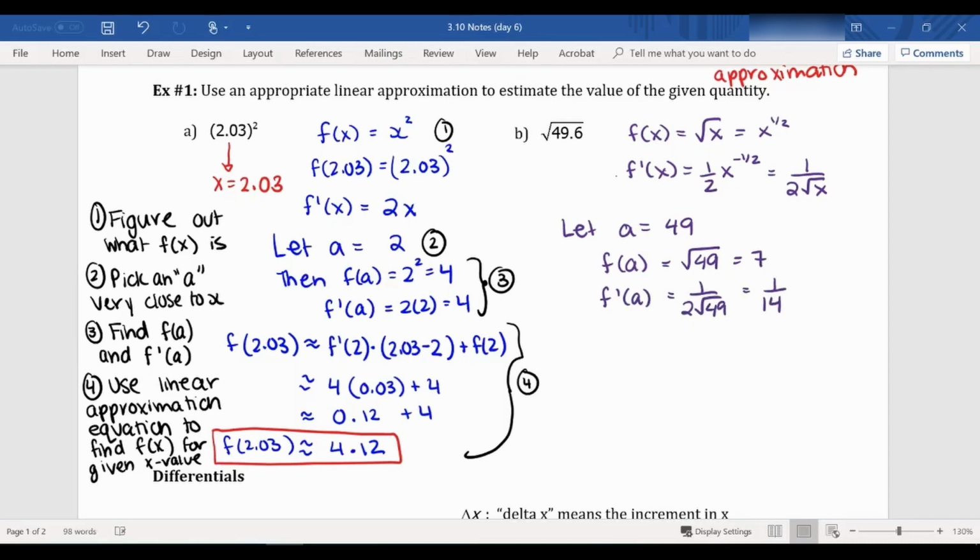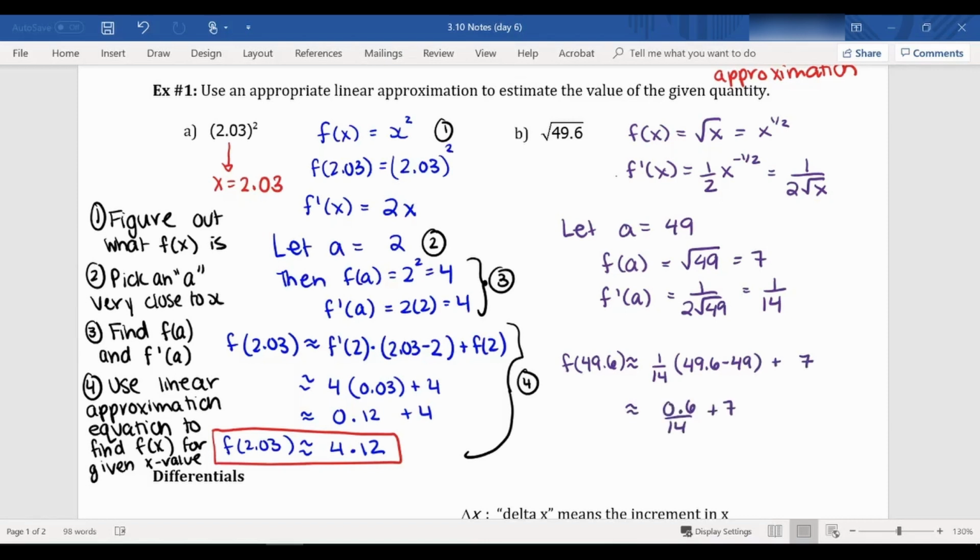And then I can use my linear approximation formula to get a value for 49.6 square rooted. So f of 49.6 will be approximately f prime of a, which is 1 over 14, times x minus a, which would be 49.6 minus 49, plus f of a, which is 7. So this gives us approximately 0.6 over 14 plus 7.